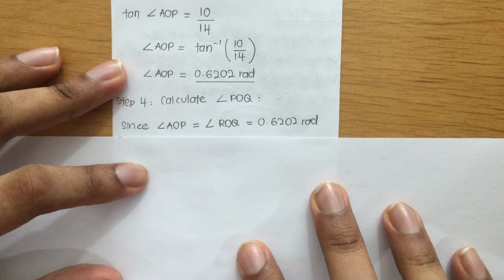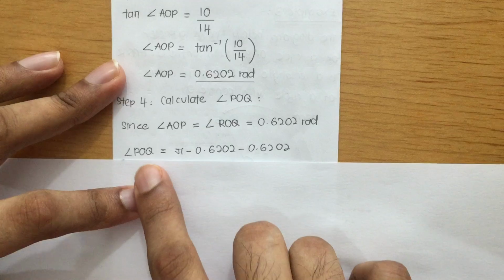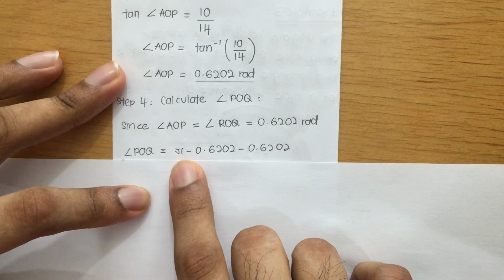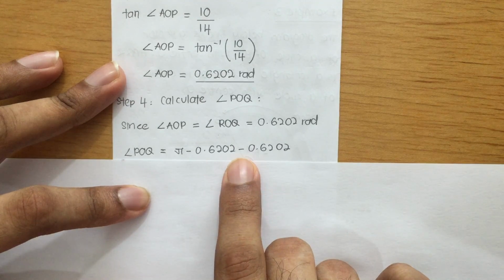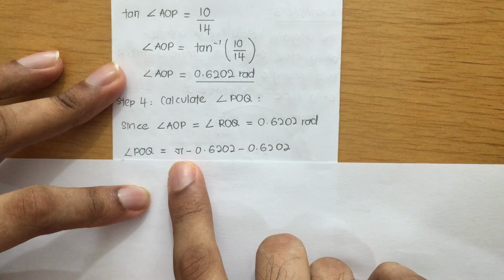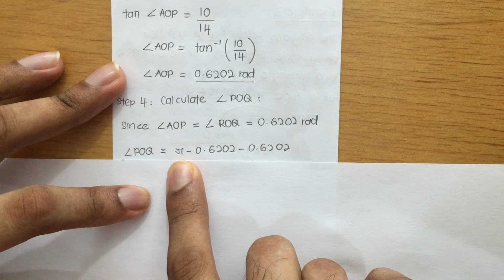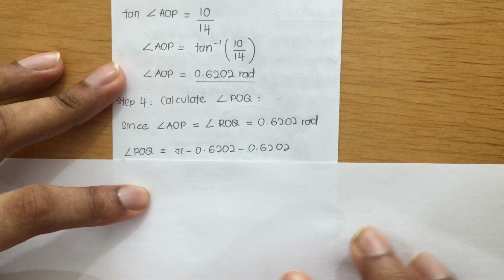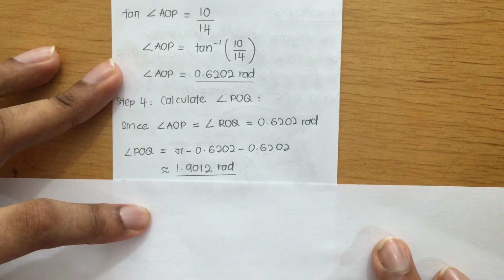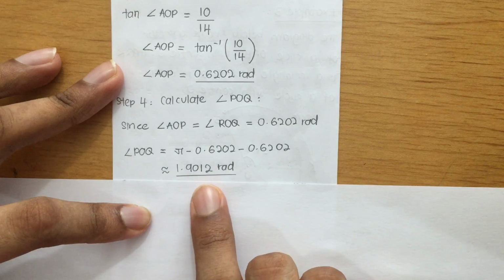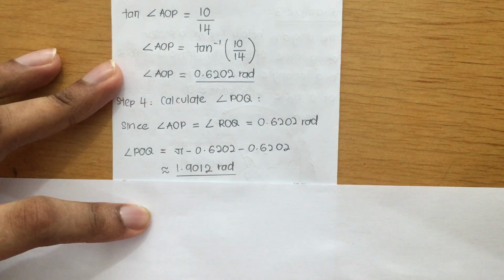So proceed to the next step. Angle POQ equals pi minus 0.6202 minus 0.6202. Why pi? Pi is the angle of 180 degrees, guys, in terms of radian. So you should get your answer approximately 1.9012 radian.